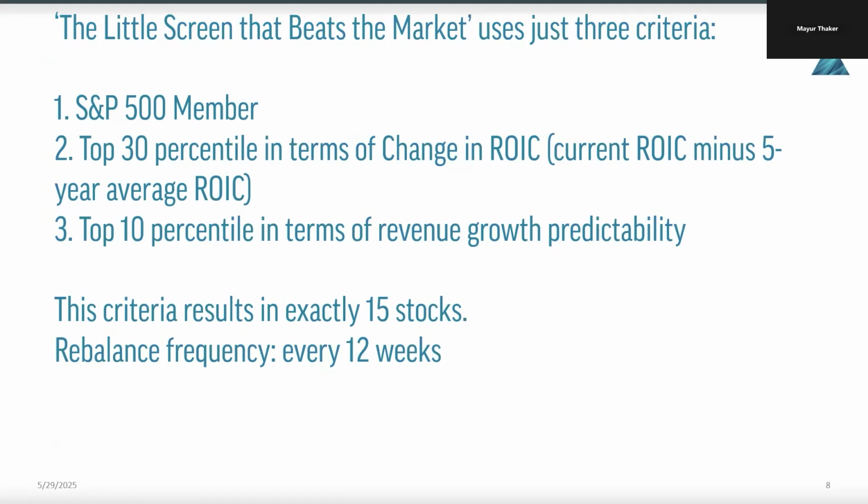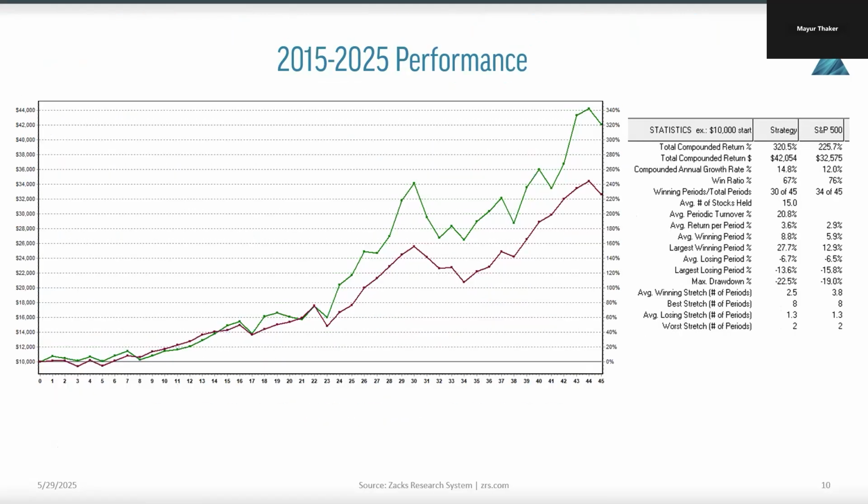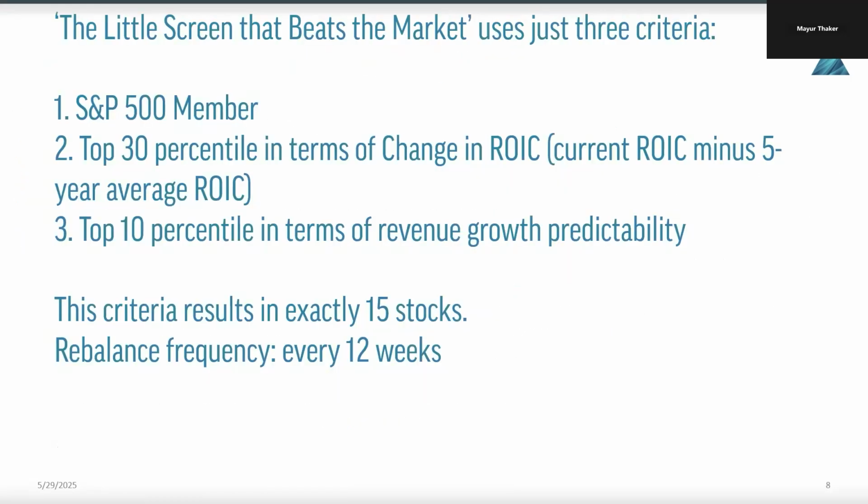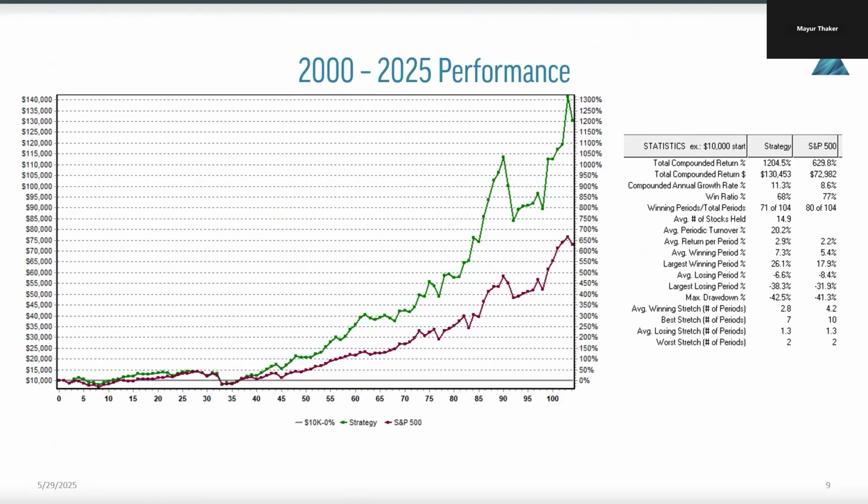So if you want to see the companies that match the screen results, if you do have access to the Zacks Advisor Tools screener, or the ZRS screener, I would be more than happy to send you the screening criteria so that you can run this and see the stocks that currently match the screen.